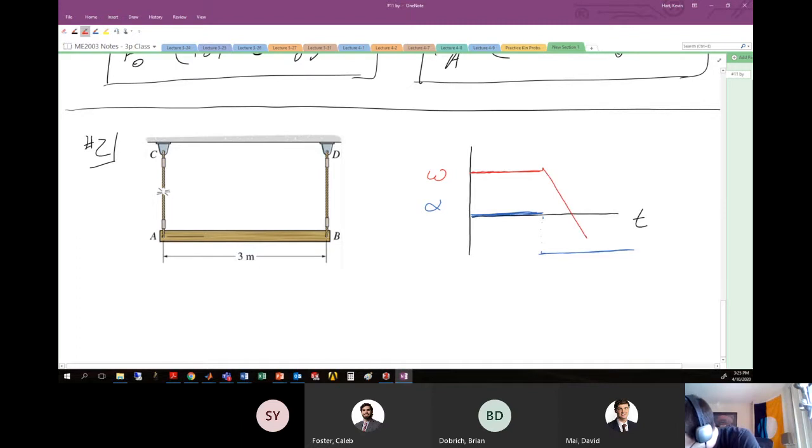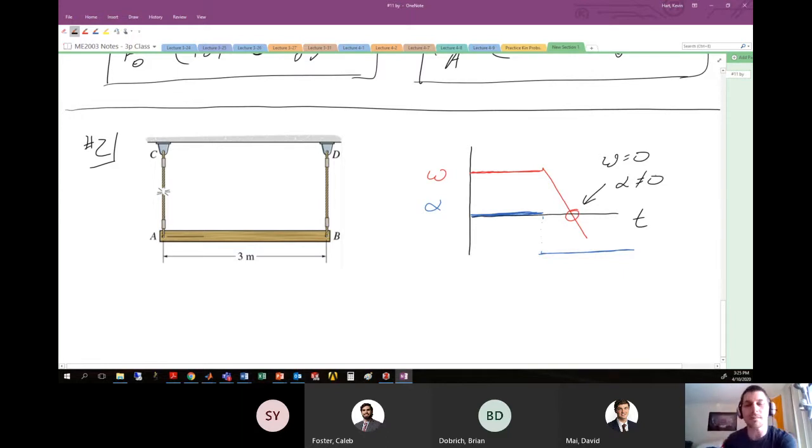At some instantaneous snapshot in time, there will be a point where my angular velocity is actually zero, though my angular acceleration is not equal to zero.